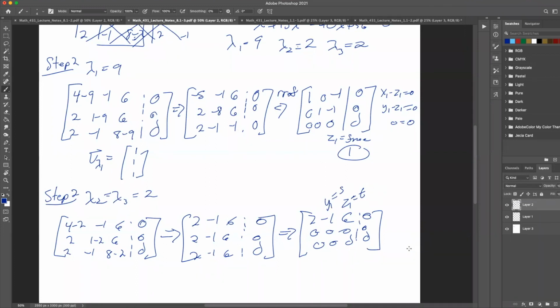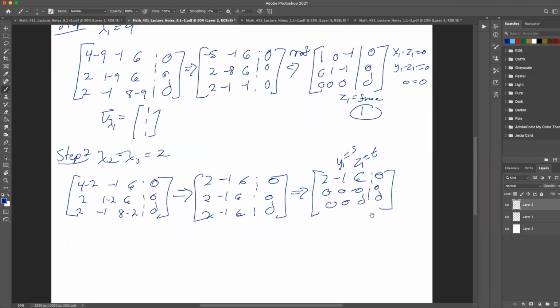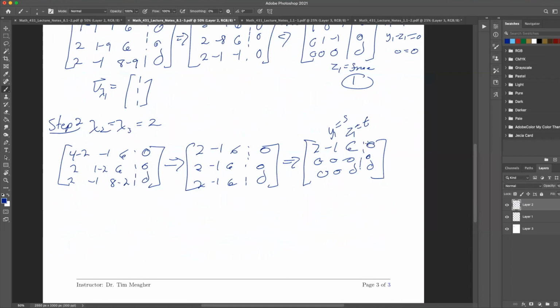So what do I have here? Well, let's actually write out these equations real quick. That way, let's give myself room. So this says 2 x2 minus y2 plus 6 z2 is equal to 0, and 0 equals 0, 0 is equal to 0.